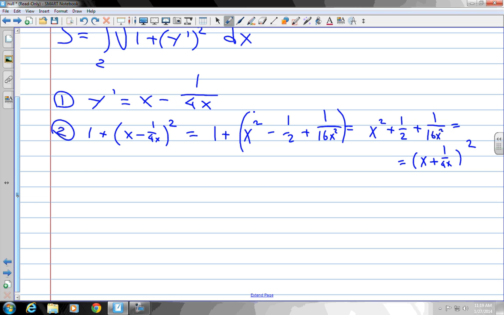So then it's going to work very nicely with the square root, because now it's just an integral from 2 to 4 of the square root of all of that. But it's already squared, so life is going to be pretty good, right? We don't need to worry about the absolute values because of the positive.